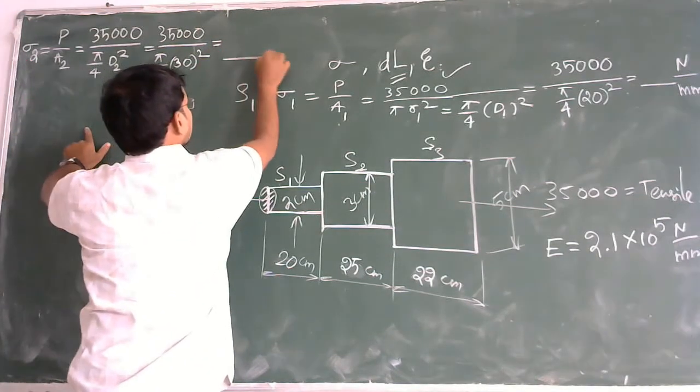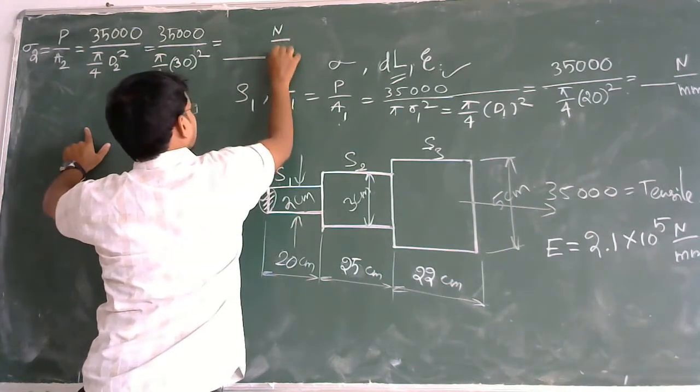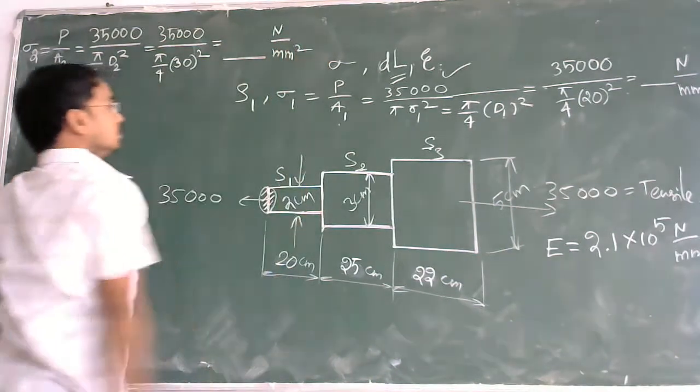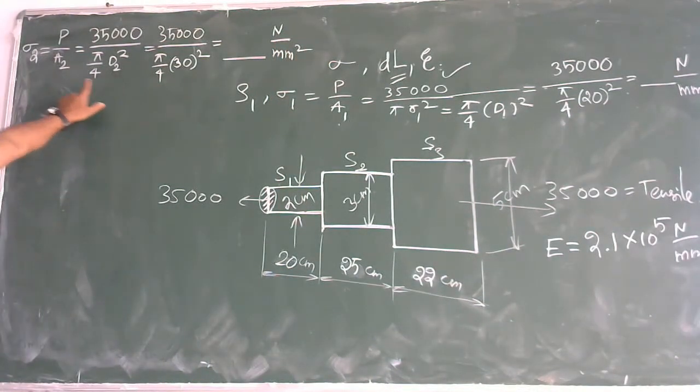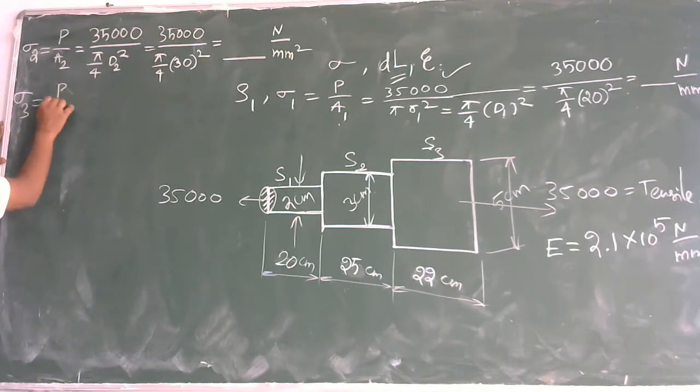You will get a certain value, and this is Newton per mm square. So this is sigma 2. Next, sigma 3, load by A3.